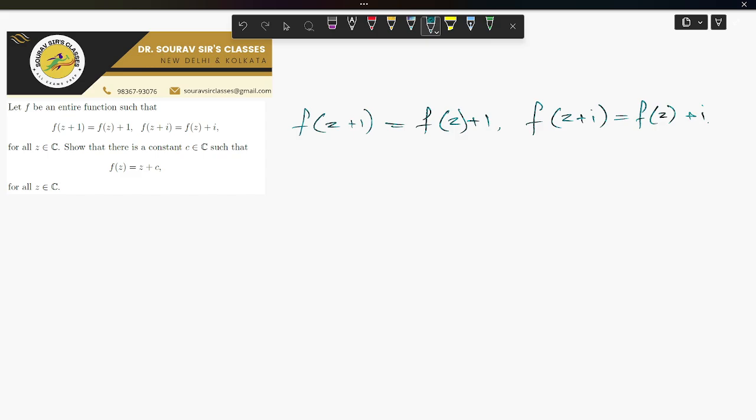So we want to show that f is of the form f of z equals z plus c for some constant c belongs to C.